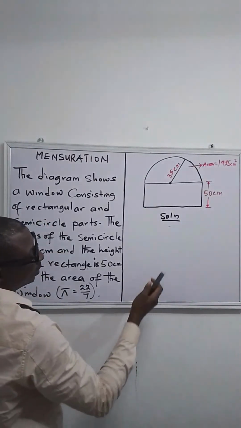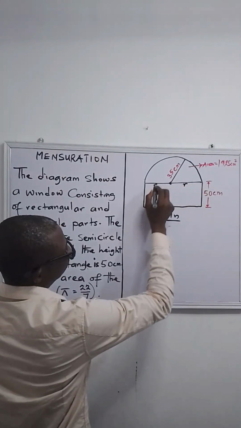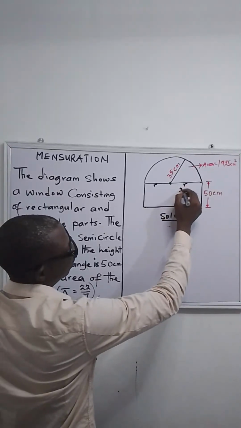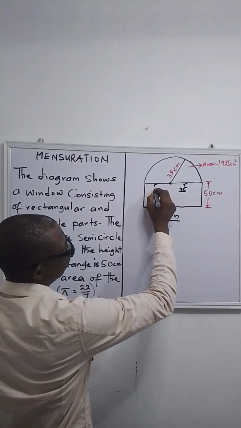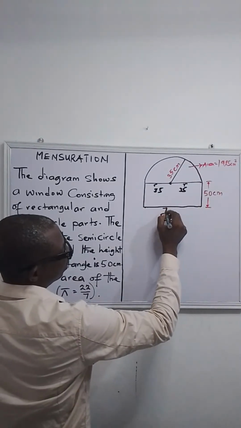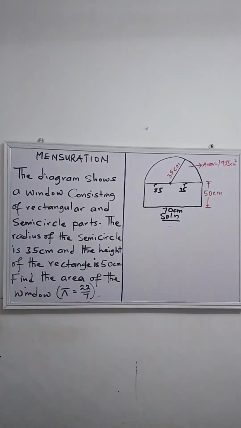Don't forget that this is radius, this is radius, and radius is 35. So we have 35, 35. So from here to here is 70 centimeter, when you add the two radii together.